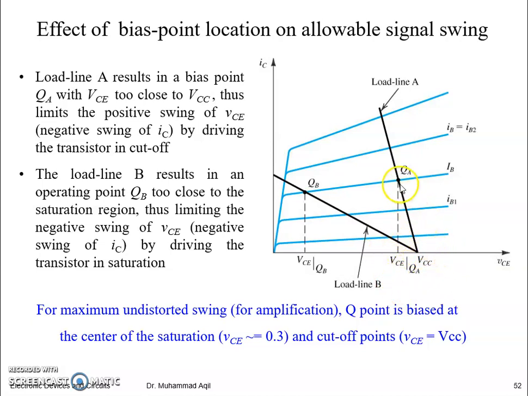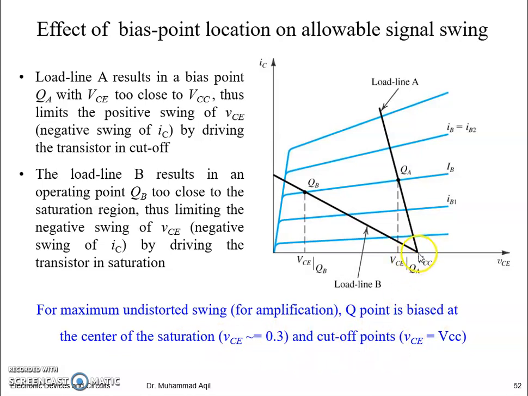It is because your Q point is too near to the cutoff point. So for amplification, remember this point: for maximum undistorted swing, undistorted means positive and negative swing should not be distorted or clipped, your Q point should be biased at the center of the saturation and cutoff.